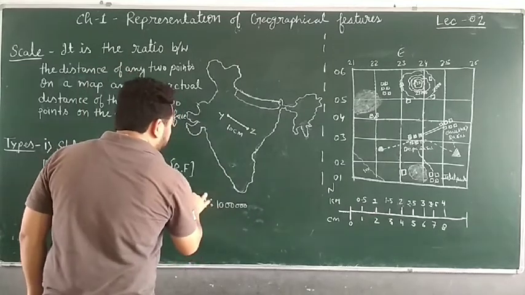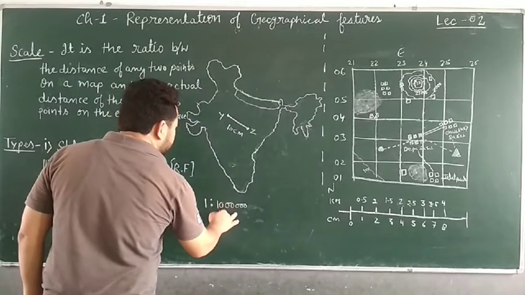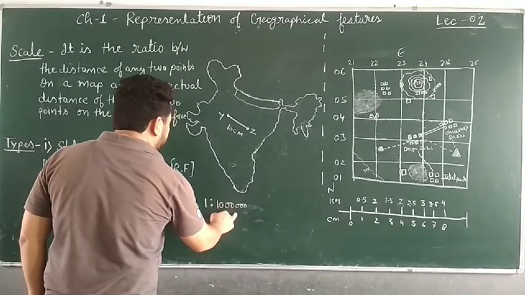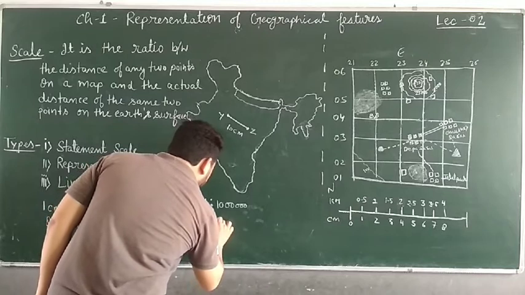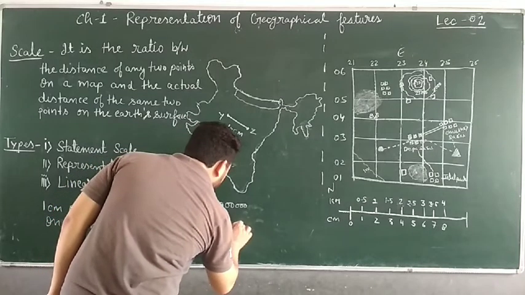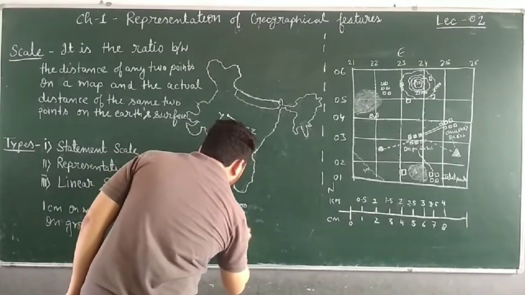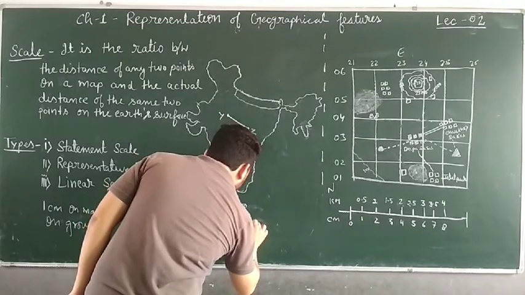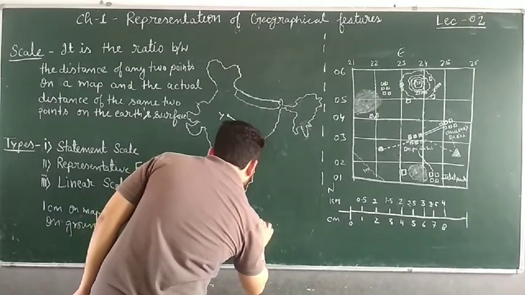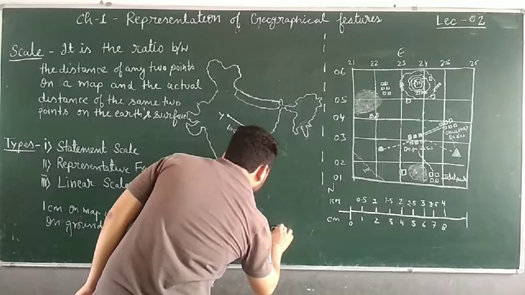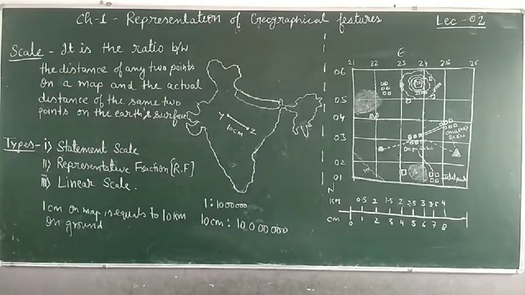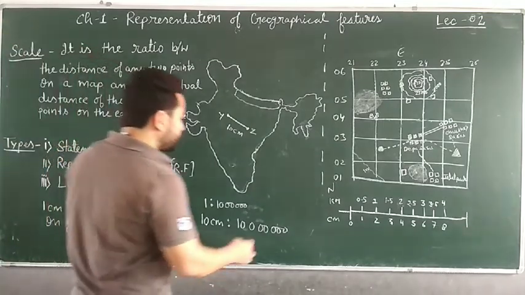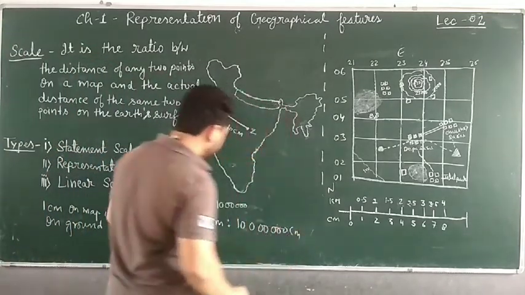So if 1 centimeter is equal to 10 lakh centimeter, then what will happen? 10 centimeters will be in proportion to 1 crore centimeter.